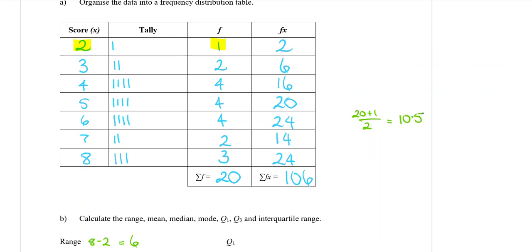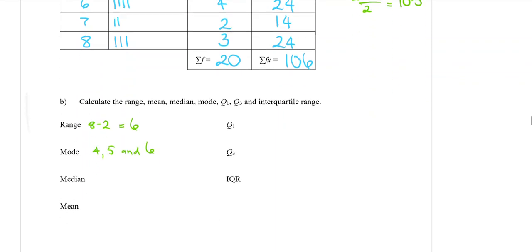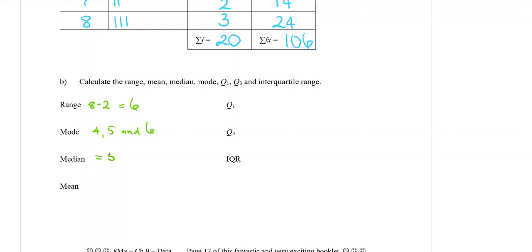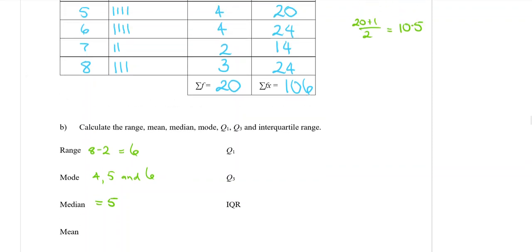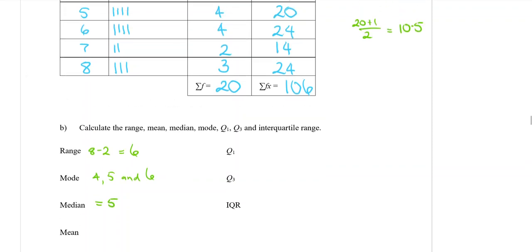Think of it like a rule. It's always plus 1. So we need the 10th and the 11th. The 0.5 means I need the 10 and the 11 on either side of that. I'm going to count down my tally marks to find the 10th and the 11th. 1, 2, 3, 4, 5, 6, 7, 8, 9, 10, and 11 are both in the 5, which means 5 is my median.